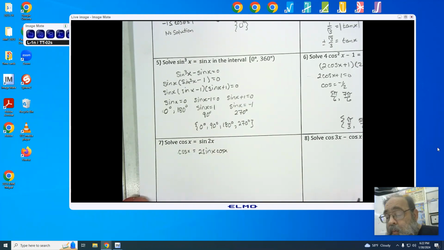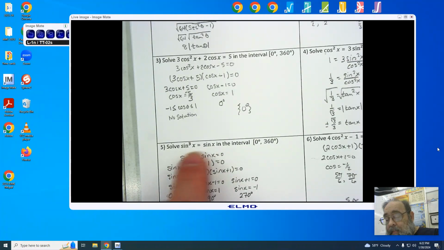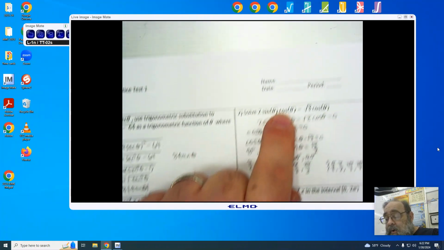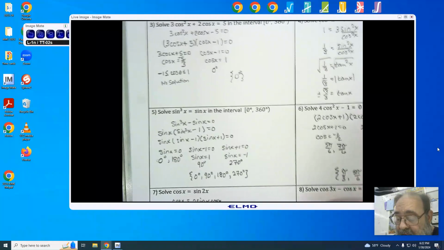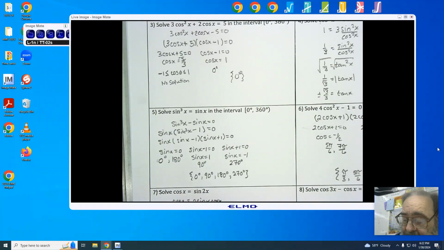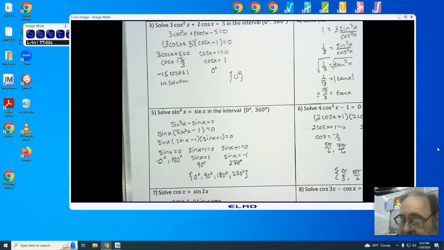I'm now looking at one of the problems that we had in number 5, where we had sine on both sides, or number 2, where we had cosine on both sides. Here we have cosine on both sides, so I'm going to subtract the cosine so that I have 2 sine x cosine x minus cosine x.